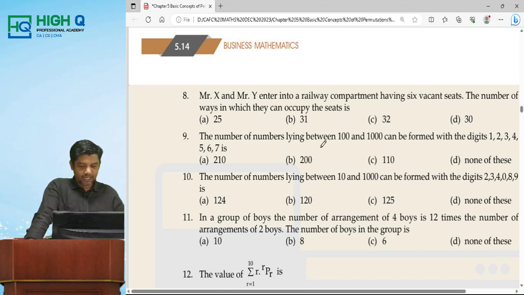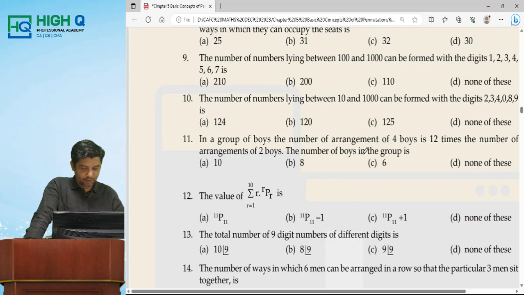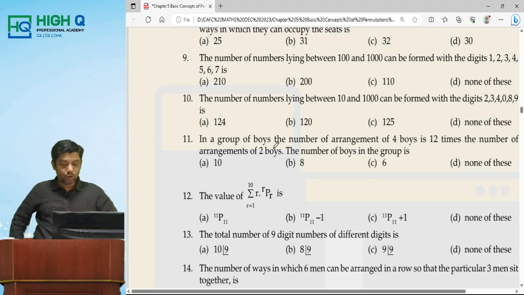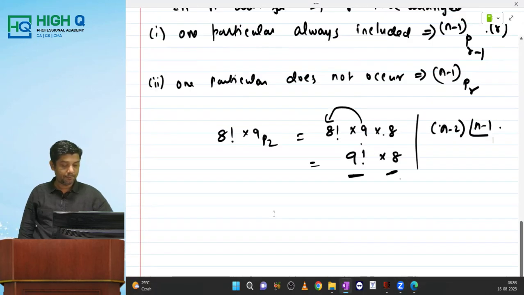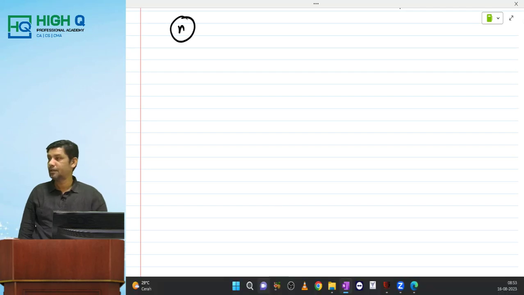Digit problems I have not yet done, right? In a group of boys, the number of arrangements of 4 boys is 12 times the number of arrangements of 2 boys. Find the number of boys in the group. Okay, listen here. Total how many people? n.